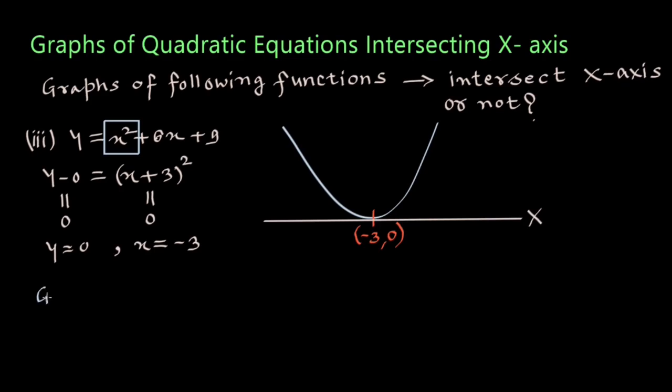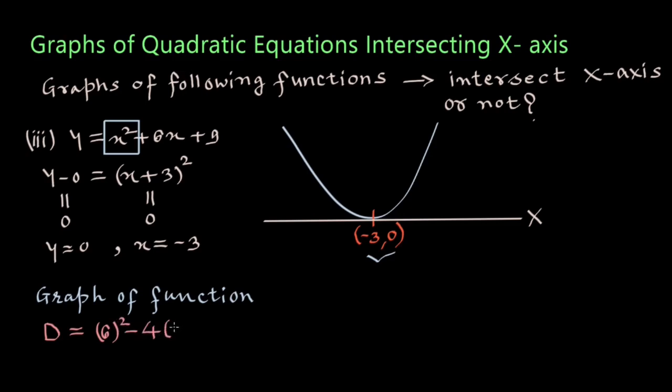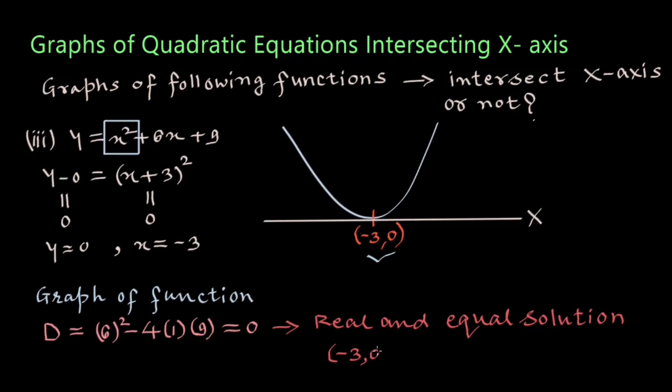So the graph of the function cuts the x-axis in one point, (−3, 0). This can also be ascertained by finding the discriminant d, which is b², that is 6², minus 4ac, giving 0. By the nature of roots, when the discriminant is 0, the equation has real and equal solutions, giving the point (−3, 0).